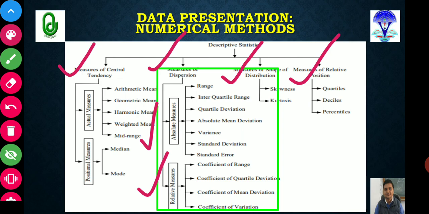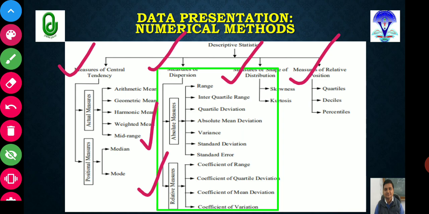Before we actually go to dispersion, we want to know why it is necessary to know the dispersion of a particular data series. We have already seen that measures of central tendency tell us that data try to accumulate towards a central value.